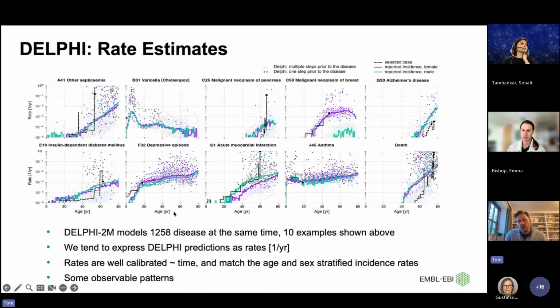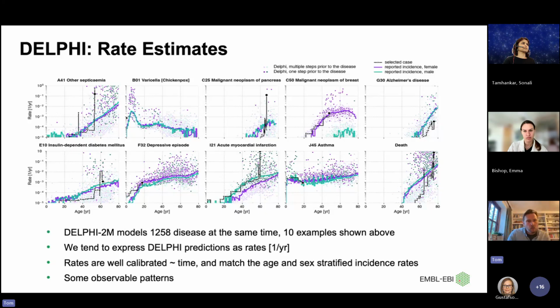Another nice feature of this model, because of the way that the logits are represented within the output of the model, is that we can represent that information as rates. It's very natural to think about those probabilities as rates, for example, the rate of disease per year. And that's what you're seeing here for 10 selected diseases out of the 1,200.